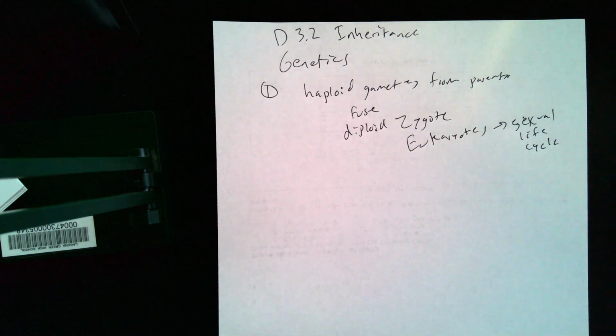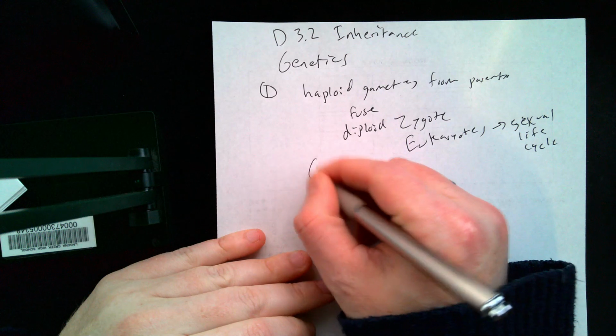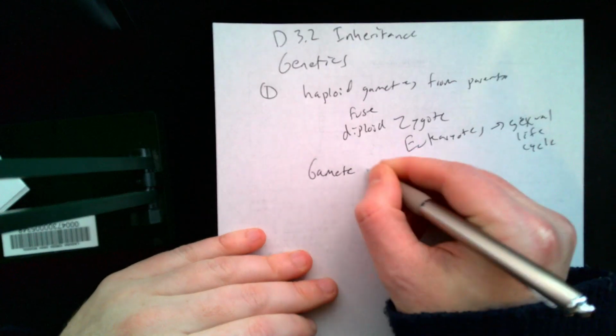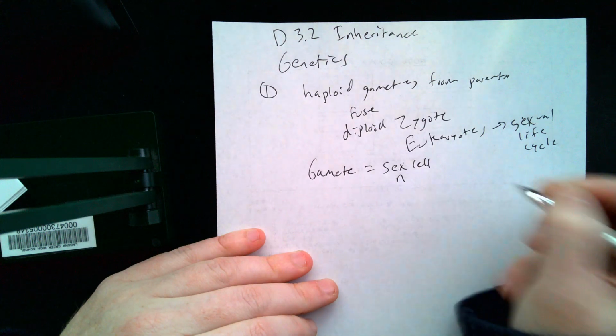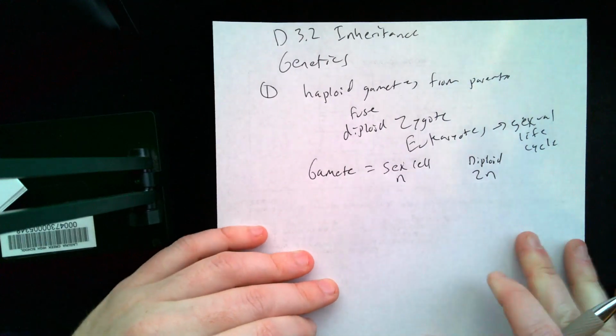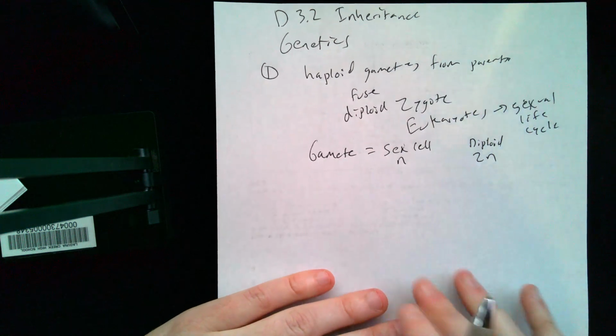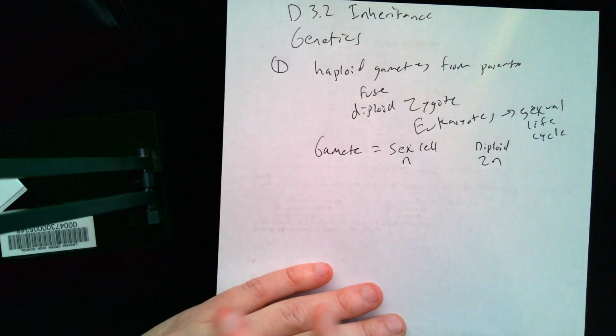This all comes back to the meiosis that we learned about, where you form gametes. A gamete, remember, is another word for a sex cell. It's typically N, whereas a diploid cell is represented by 2N, where N refers to the number of chromosomes. N is one set, 2N is two sets of chromosomes.